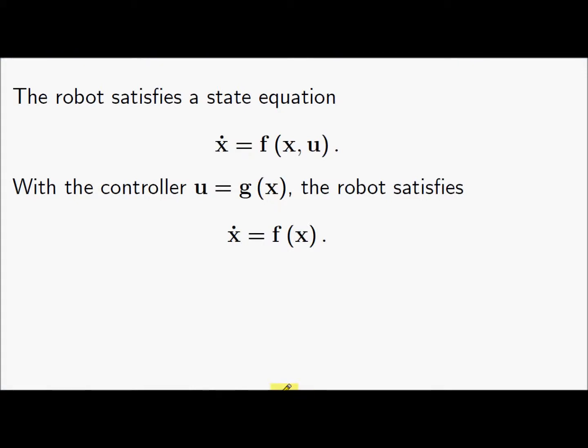So the controller has the form U equal G of X, and then the robot will be autonomous, so it has not any more input or only the set points. So it will have the form X dot equal F of X.